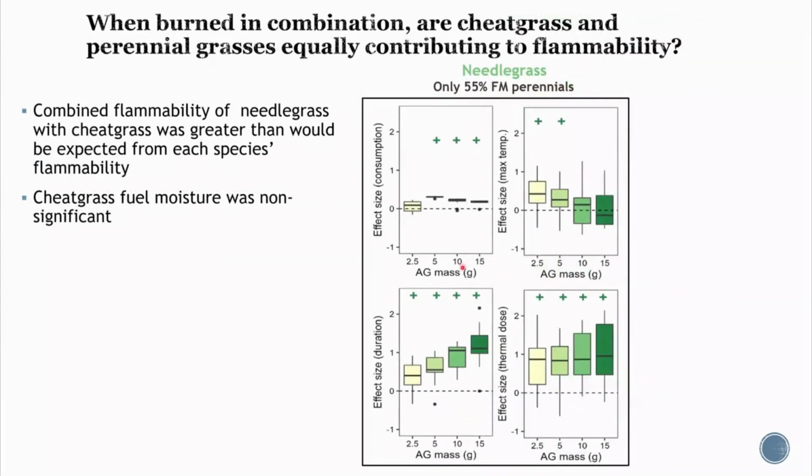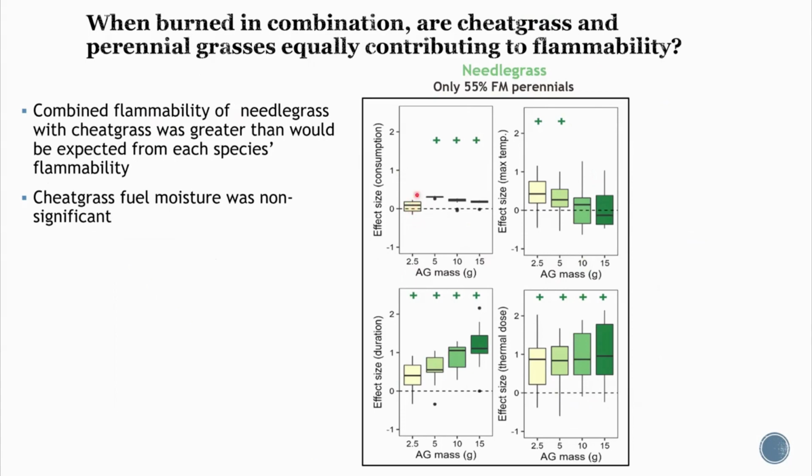When we look at this from a combined flammability standpoint of needlegrass, what we find is that if you look at each of these species individually, do they behave differently than if they are combined?